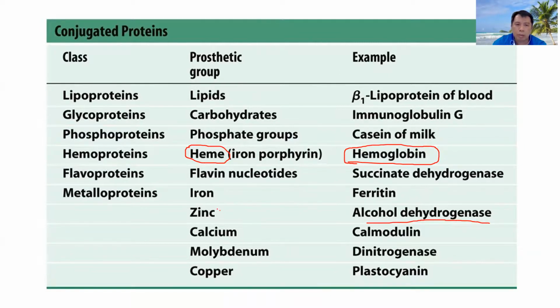It has a prosthetic group, which is zinc, permanently attached to the enzyme. So this is what conjugated proteins are.